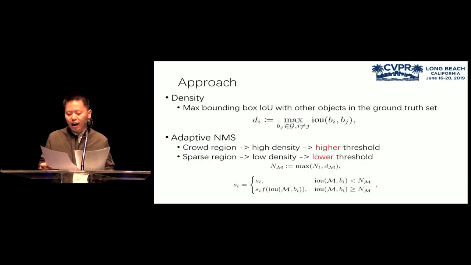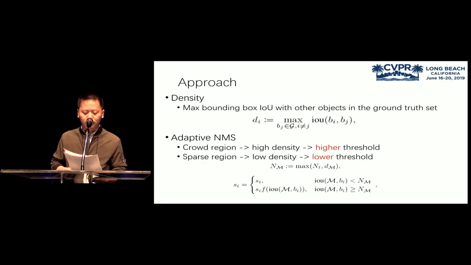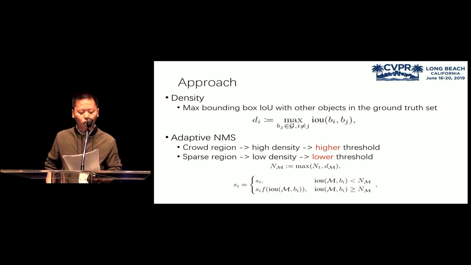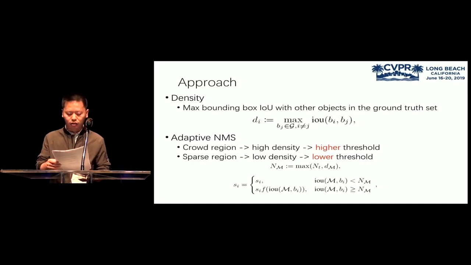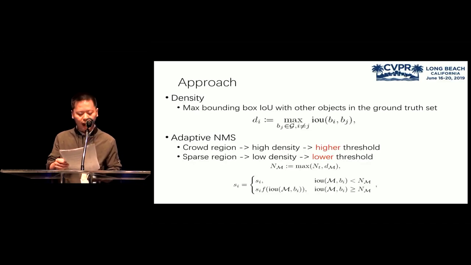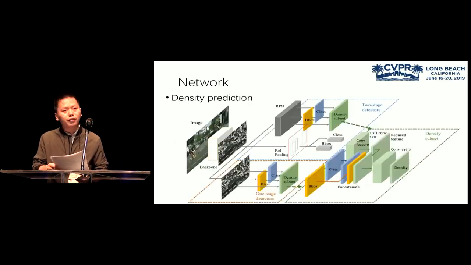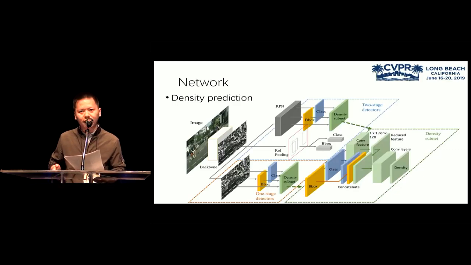We first define a density to describe the degree of crowding for each object. The density of an object is the max bounding box IoU with other objects in the ground truth set. With this definition, in crowd scene regions, objects must have high densities, and we apply a high threshold according to their density, and vice versa. For prediction, since we don't have labels, we can't directly get the density for each object.